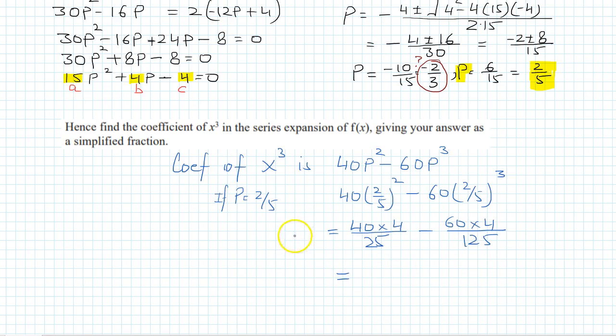So that is equal to 64 over 25. So the coefficient of x³ is 64 over 25. Thank you very much for watching.